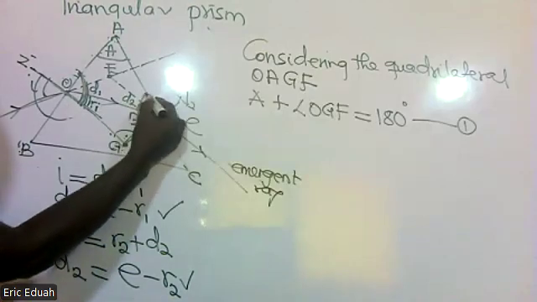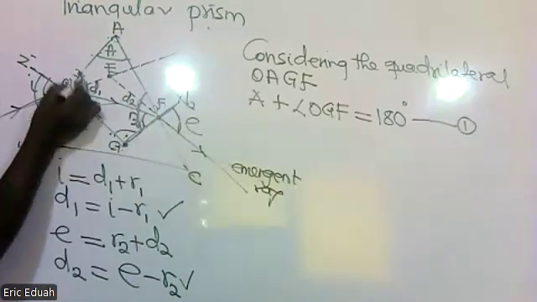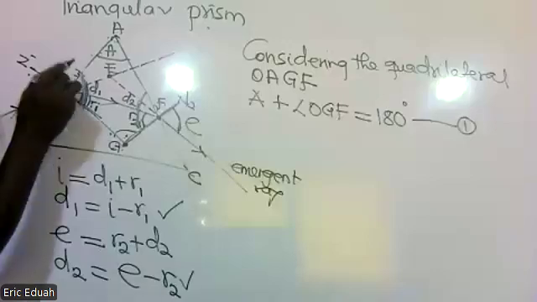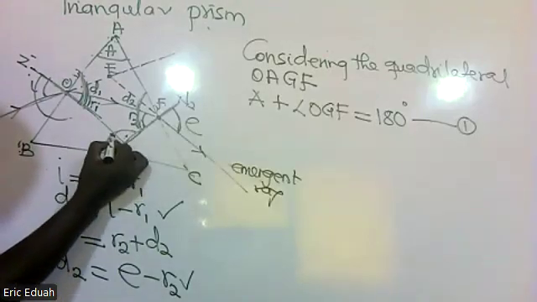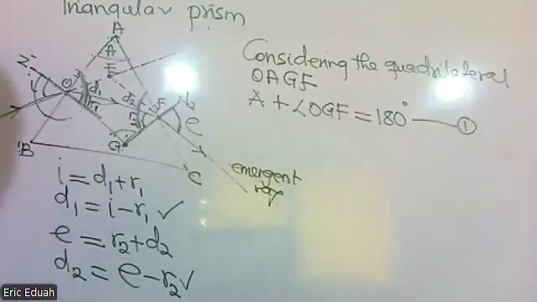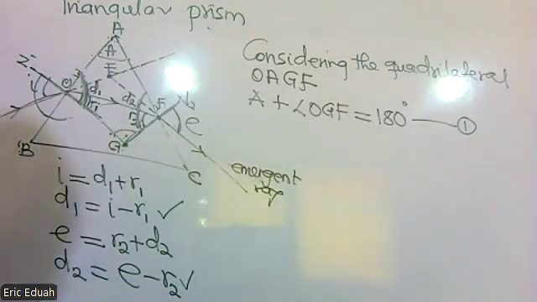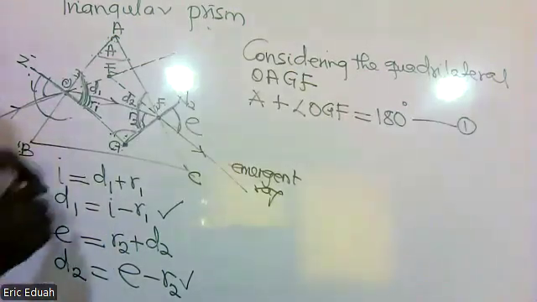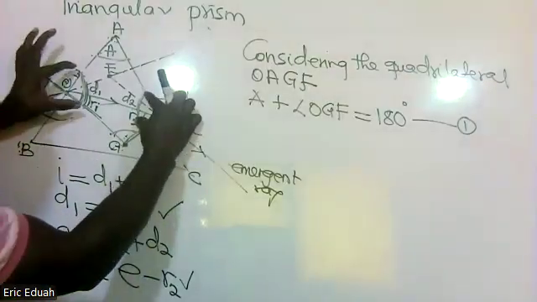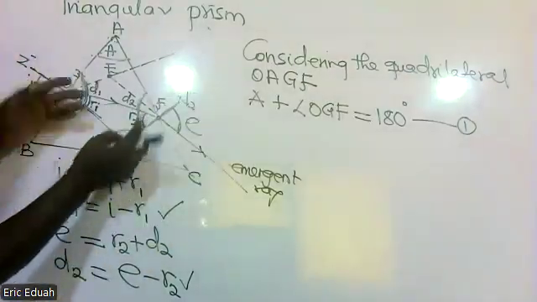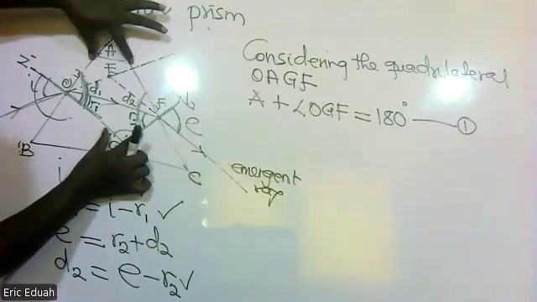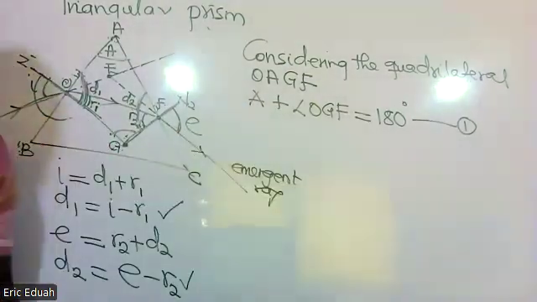So when I add this to this, it's equal to 180. It is for this reason that if these two add up to 180, then these two must also add up to 180, as written here.